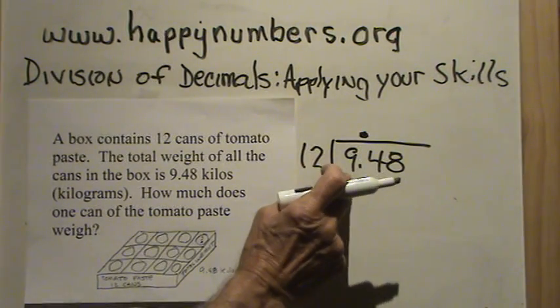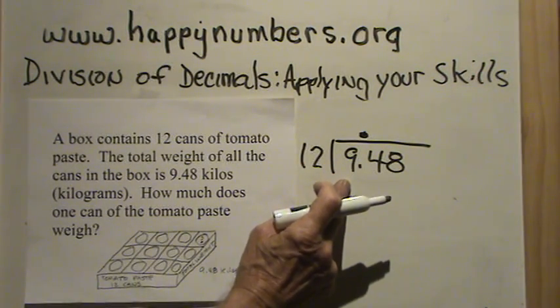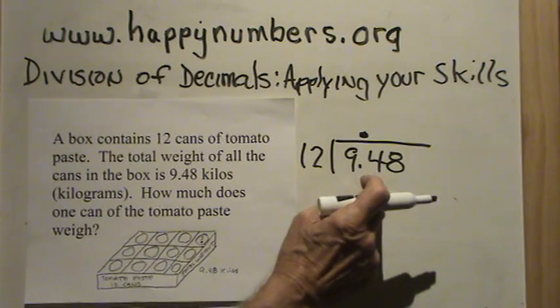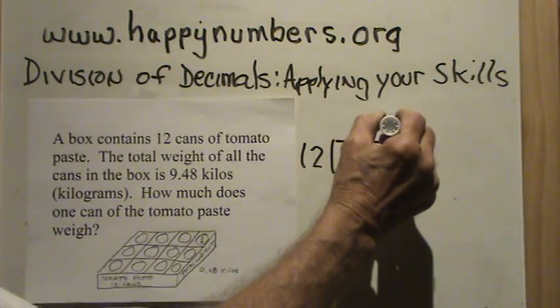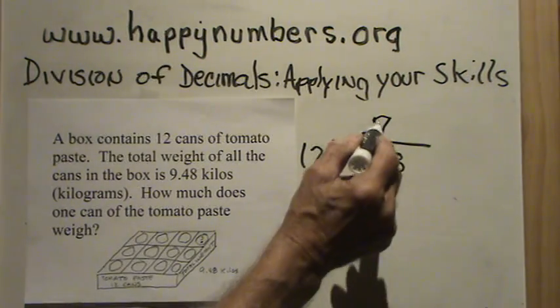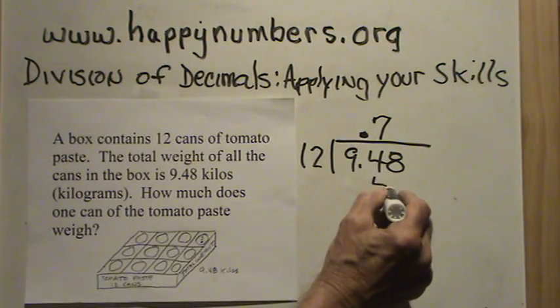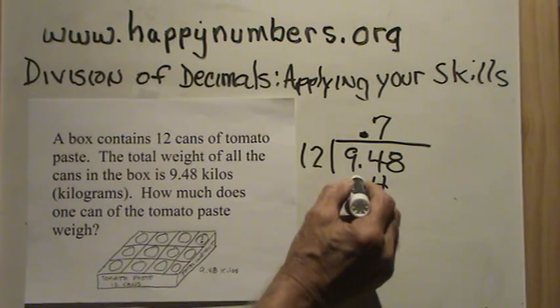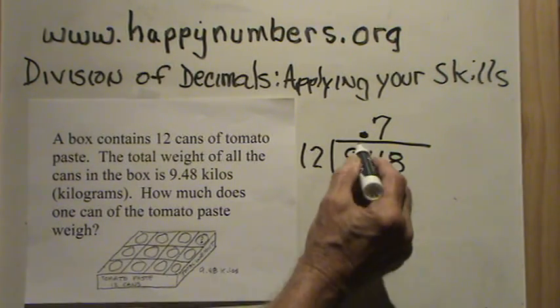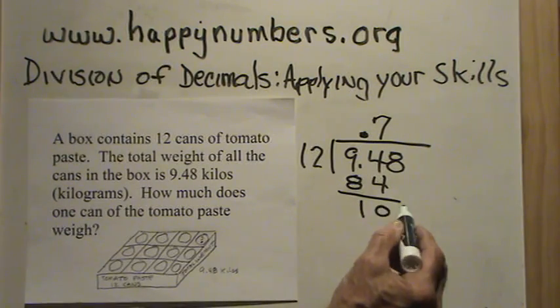12 divided into 9 cannot go. 12 is too big. Well, 12 into 94. I'm going to try 7. 7 times 2 is 14. Carry 1. 7 times 1 is 7 and 1 is 8. 84. Subtract. I get 10.